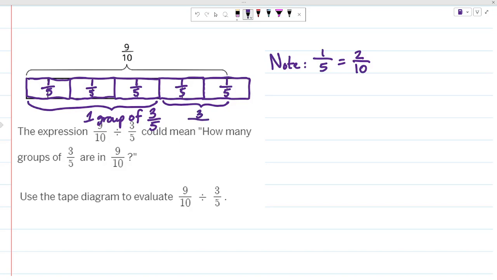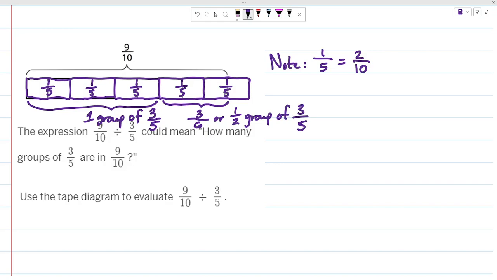And how many of those little parts do I need for a group of 3/5? Well, I need 1, 2, 3, 4, 5, 6 of them. I only have 3. So I have 3/6, or 1/2 of a group of 3/5.